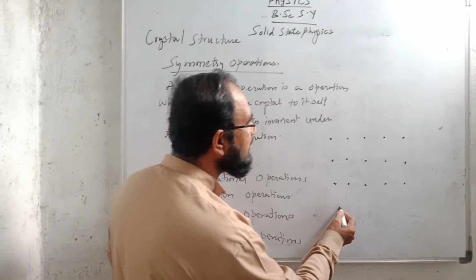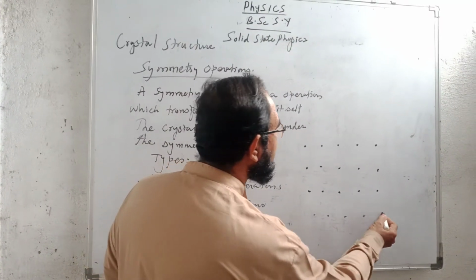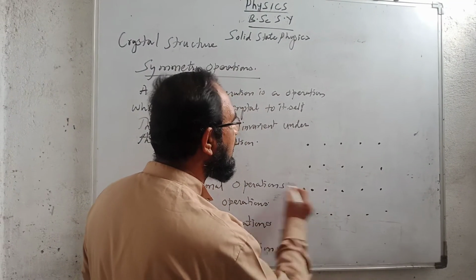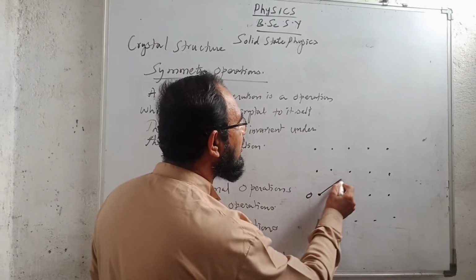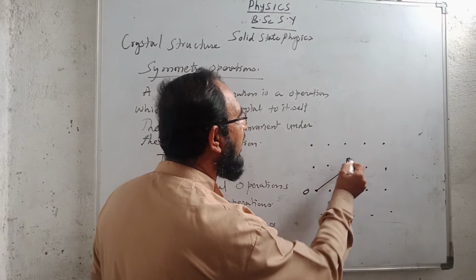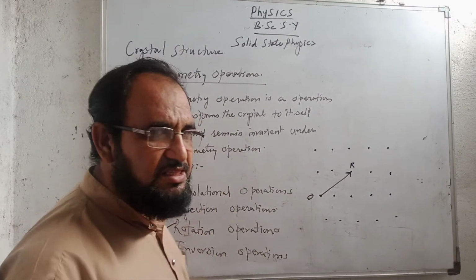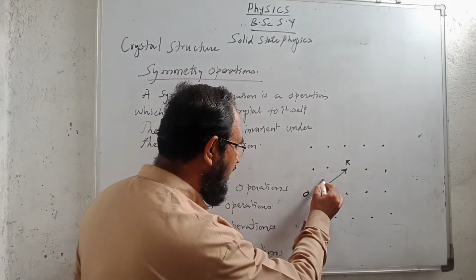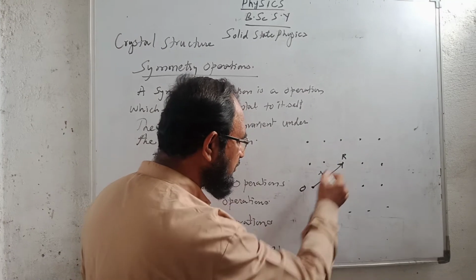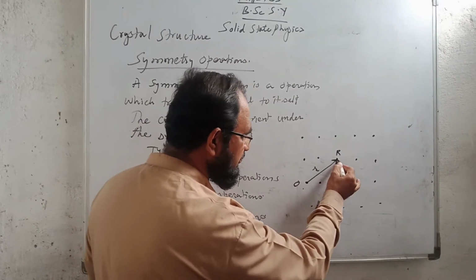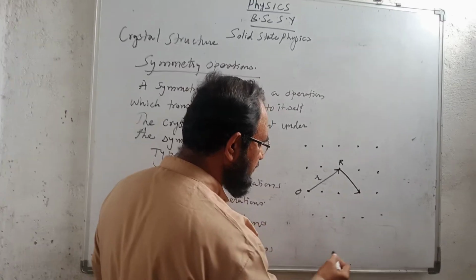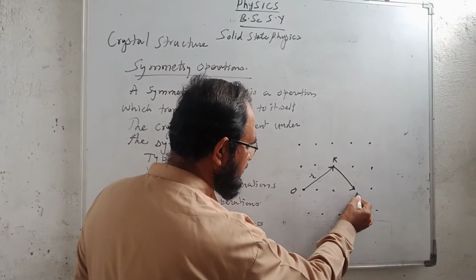For example, in this lattice I will consider a point O here, and this point is R. So I will translate this point R about O by some unit vector. Suppose here it is R dash.